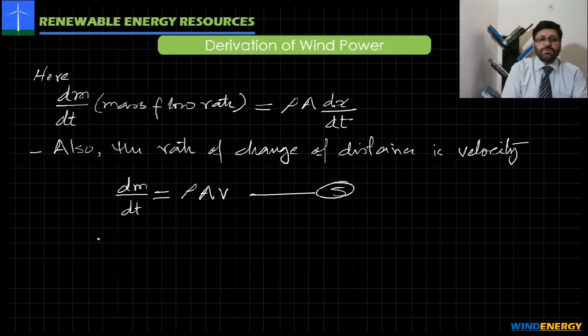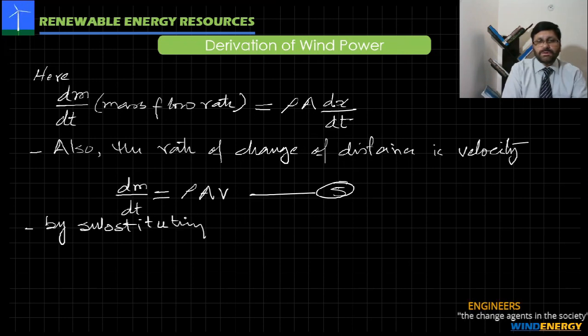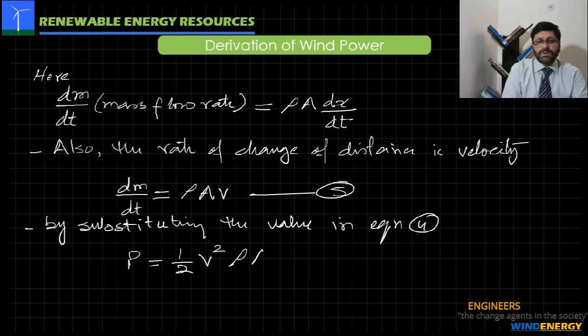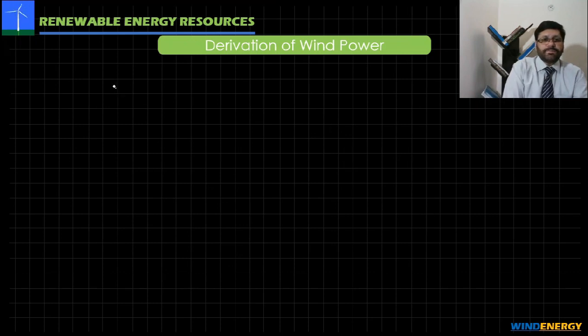Now by substituting the value of this mass flow rate in equation 4, we have P is equal to half v square rho a v, or we can write this final expression, that is wind power is equal to half rho a v cube.